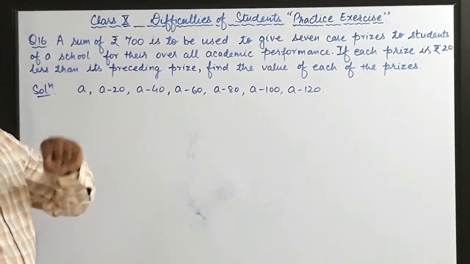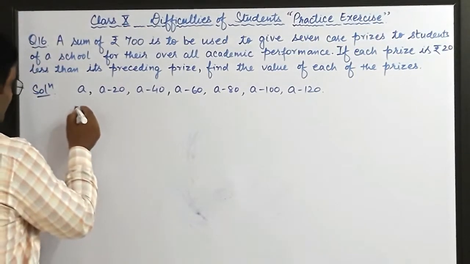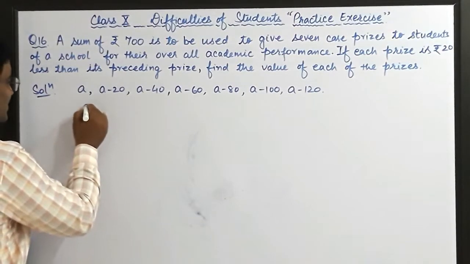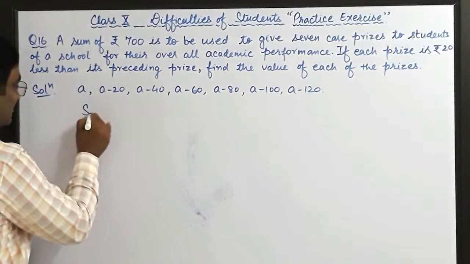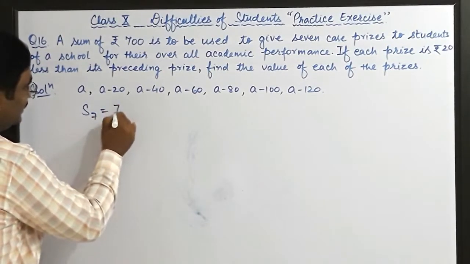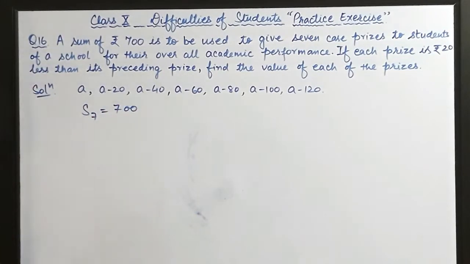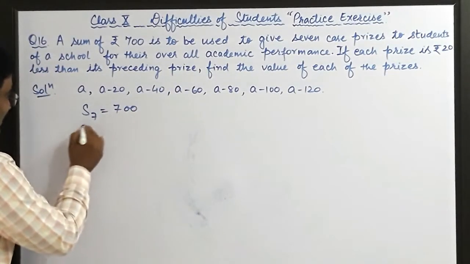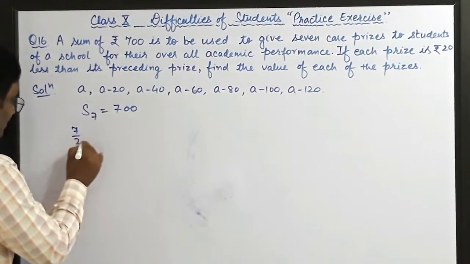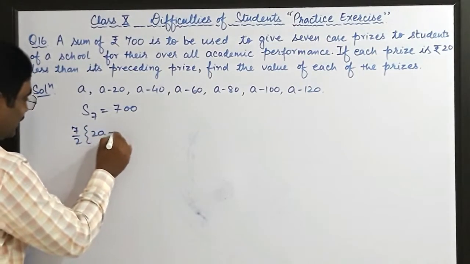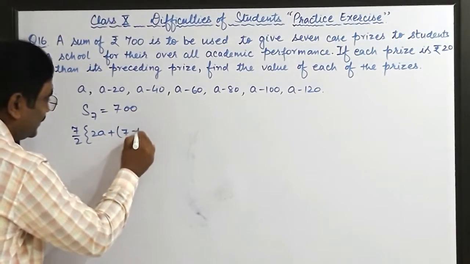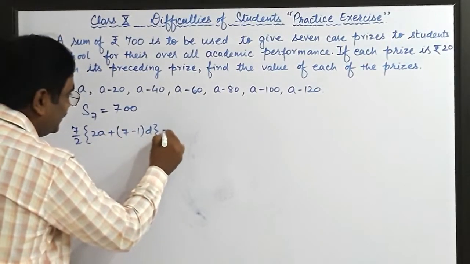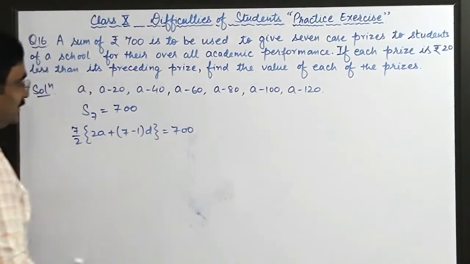So as the sum of 7 terms is given 700, it is asking that find the values of each prize. Therefore S7 is 7 upon 2 into 2A plus 7 minus 1 into D is equals to 700.